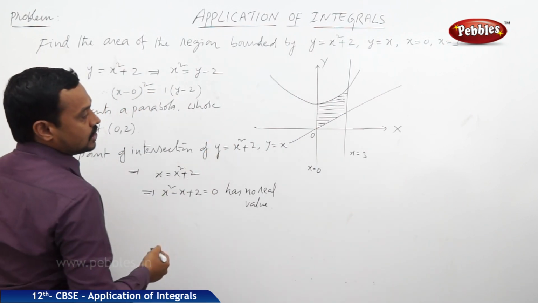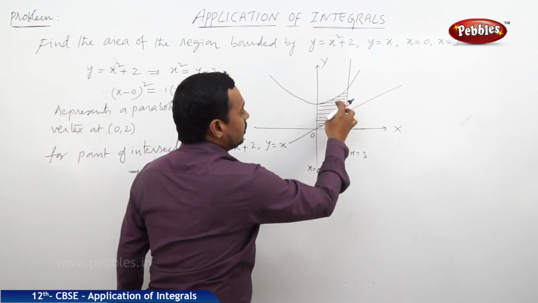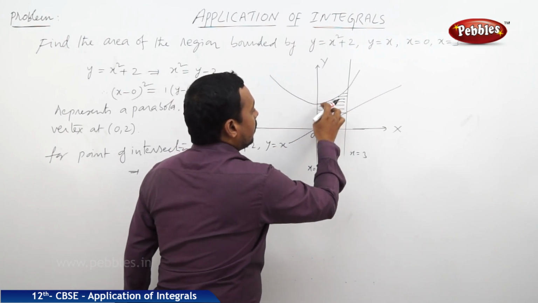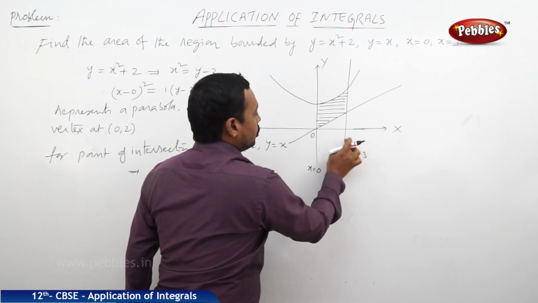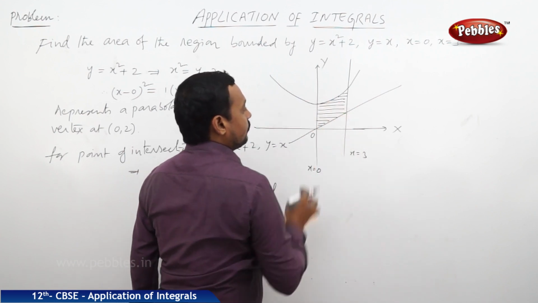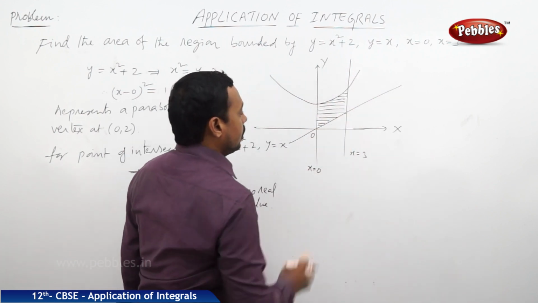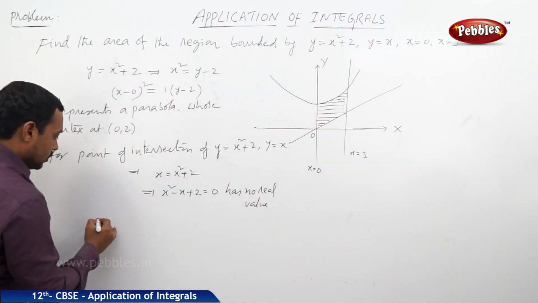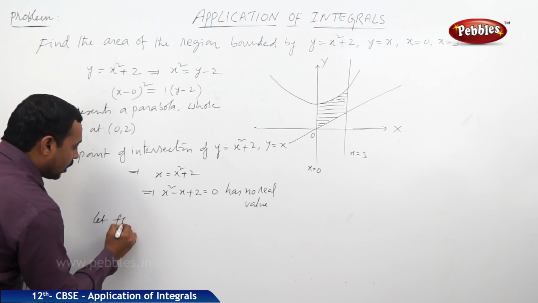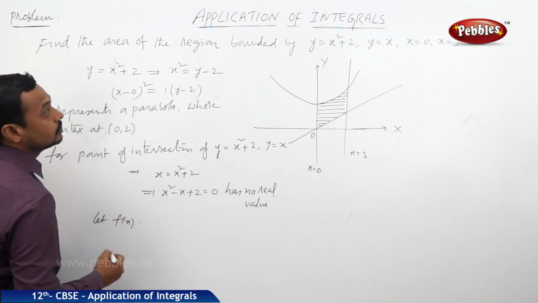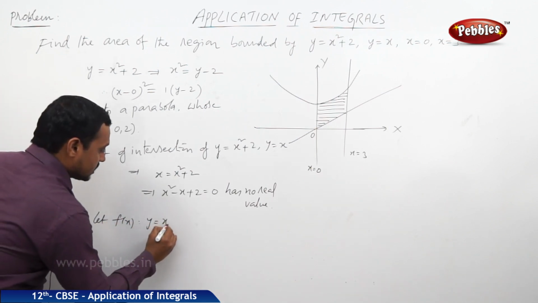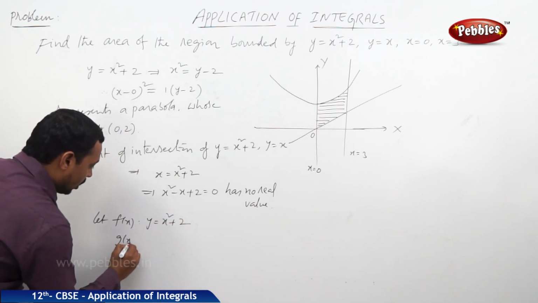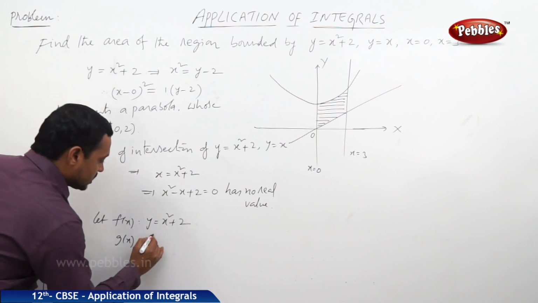You know that this area is obtained by taking the formula integral 0 to 3 of f of x minus g of x, where f of x is the upper curve and g of x is the lower curve. Let us take f of x as the upper curve, that is y is equal to x square plus 2, and consider g of x, that is y is equal to x.